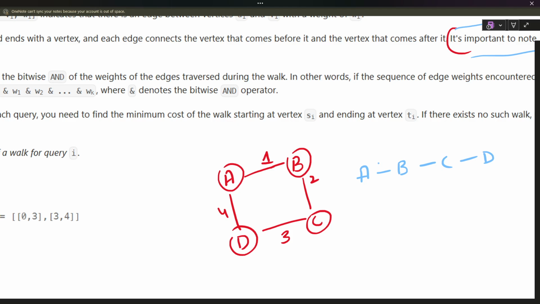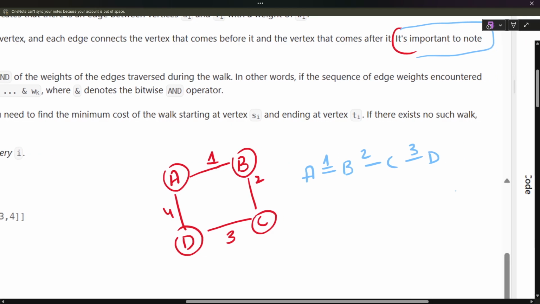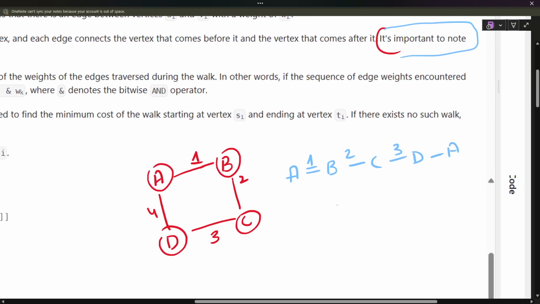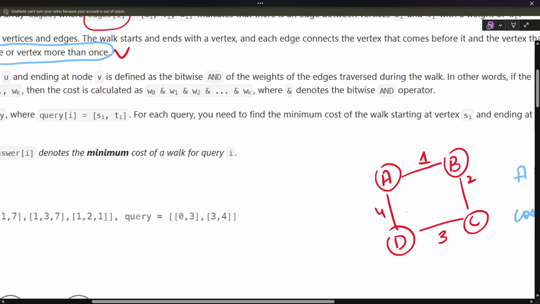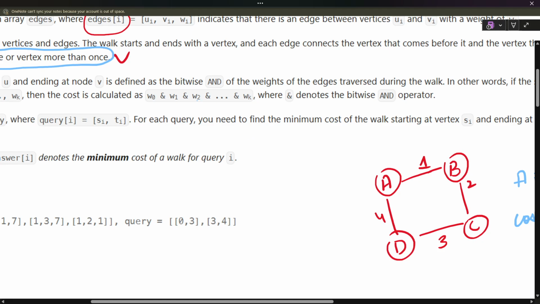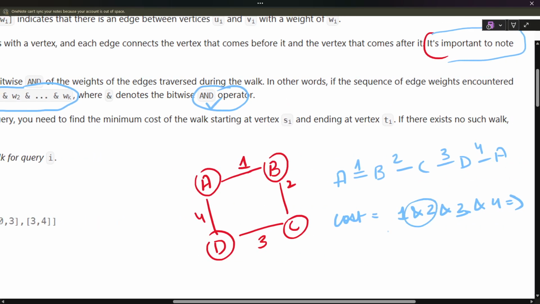And suppose we come back to A again, that will be 4. So the cost of the walk will be 1 AND 2 AND 3 AND 4. This will be our cost. It's written that the symbol denotes the bitwise AND operator. That's why we were doing AND here.